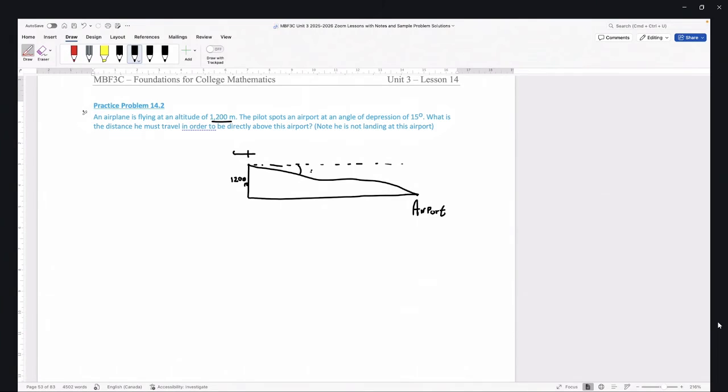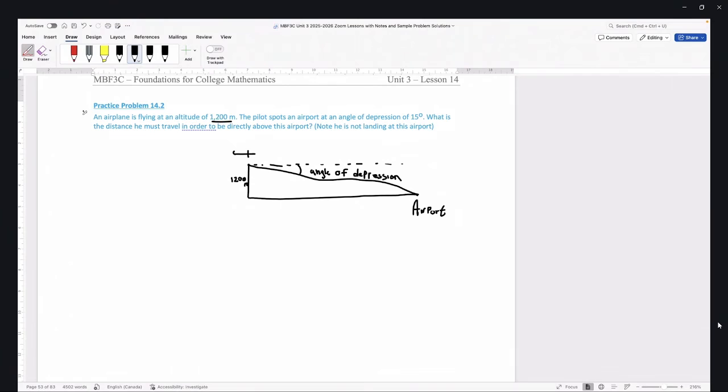Okay, so the angle of depression is the angle from the horizon down to the point you're looking at. Again, it's difficult to write with a mouse, so excuse the writing. So the angle of depression is right here.